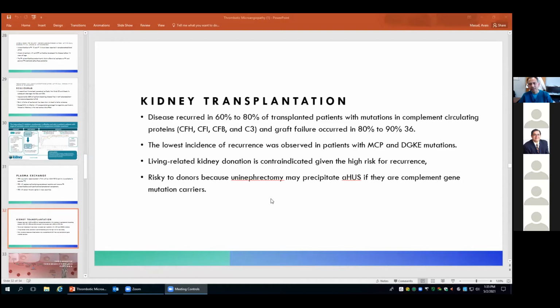The recurrence rate is very high, particularly if the patient has a complement factor H mutation, where transplant failure is almost 70 to 80%. The lowest incidence is when MCP, membrane cofactor protein, is involved.